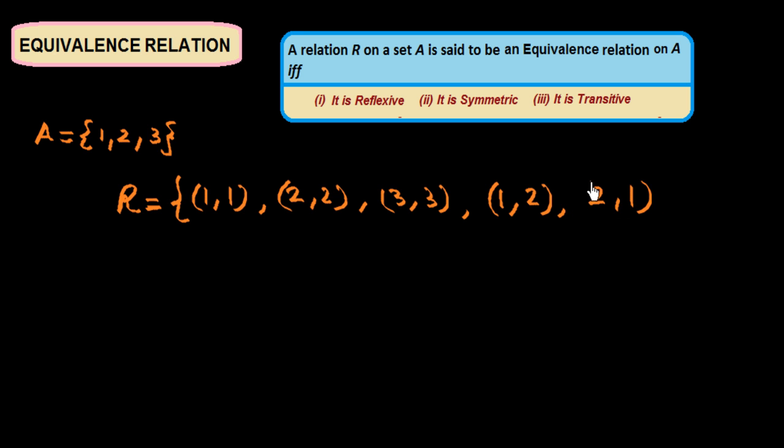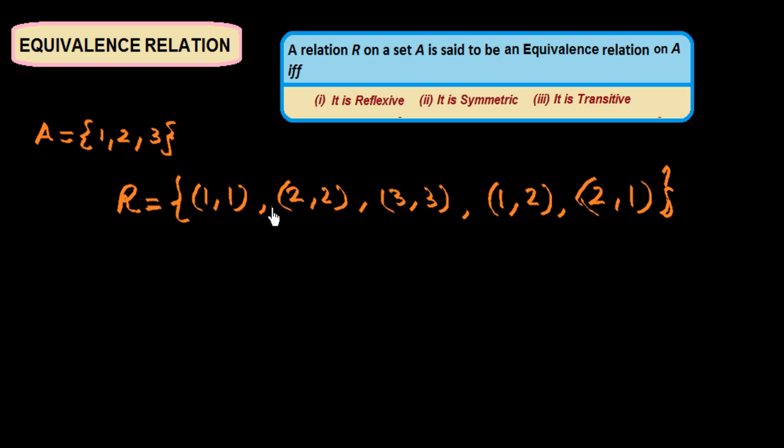In this relation you see there is (1, 1), (2, 2), (3, 3), there is (1, 2) and (2, 1). So (1, 2), (2, 1) shows the symmetric relation and (1, 1), (2, 2), (3, 3) is reflexive. It is also transitive. So all the three sorts of relations exist in this particular relation. So it is called the equivalence relation.